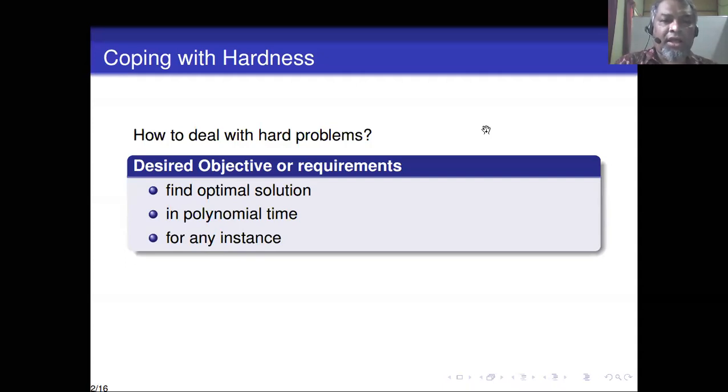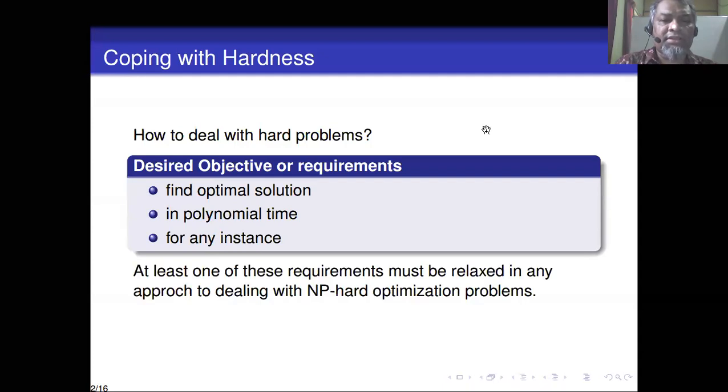And as we know, if the problem is a hard problem, then we cannot achieve these 3 points simultaneously. In the case of approximation algorithms, we need to relax something from these 3 points.